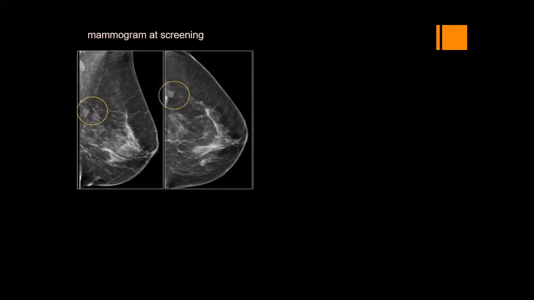Excellent. We said the new recommendation for screening is either positive or negative. Positive, take more action, or negative, continue screening.